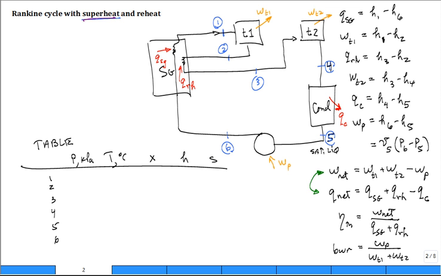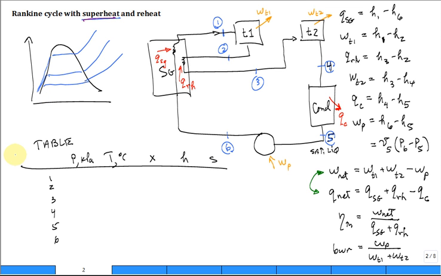You also can make a quick diagram of this on a temperature-entropy diagram. That helps us. When you have 2 turbine stages, you'll have 3 distinct pressures, a high, an intermediate, and a low, right? Now, they're very close over here, but they're more distinct in the superheated region. But in the subcooled region, they're pretty close together. And so what you do is you come out, you expand, you reheat, you expand, and then you condense, you pressurize, and there you go.